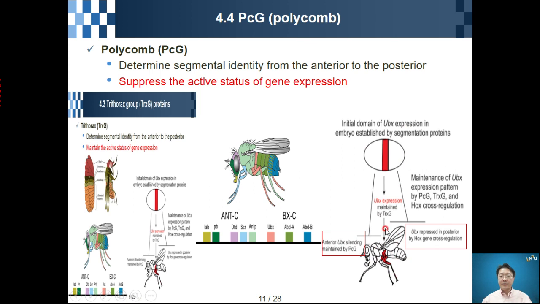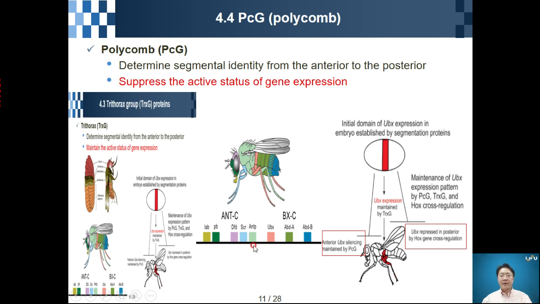Through this function, it can also determine segmental identity, so it will make the T3 legs like this. It determines segment identity from anterior to posterior, and usually they suppress the active status of gene expression.